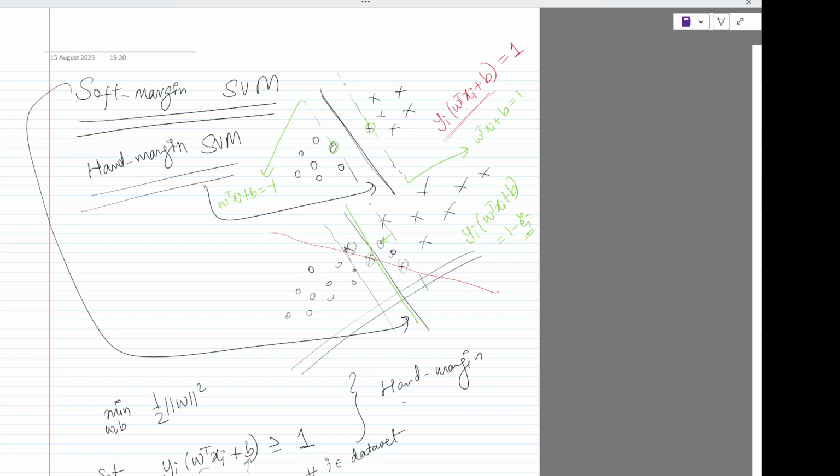So when I am doing this minus psi i, where psi i is some positive value, I am allowing some points to be in the interior of your margin, where psi i is different for different xi. So for some xi you may allow this much, for some xi you may only allow this much, for some you may allow this much, like that.